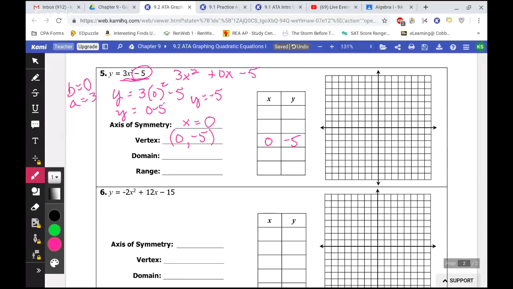Grayson, tell me how to fill out this table. Help Kennedy out. She's been doing it. Grayson, what is 1 less than 0? What's 0 minus 1?